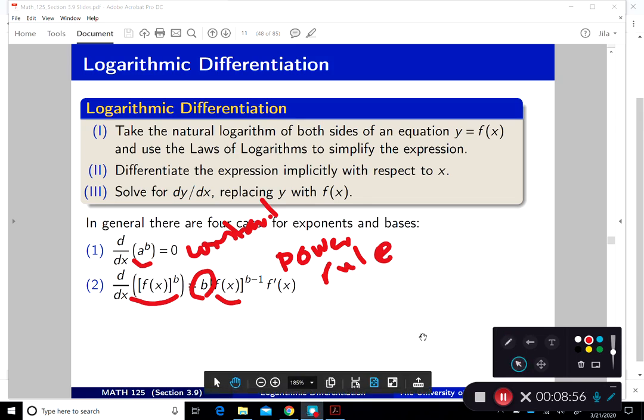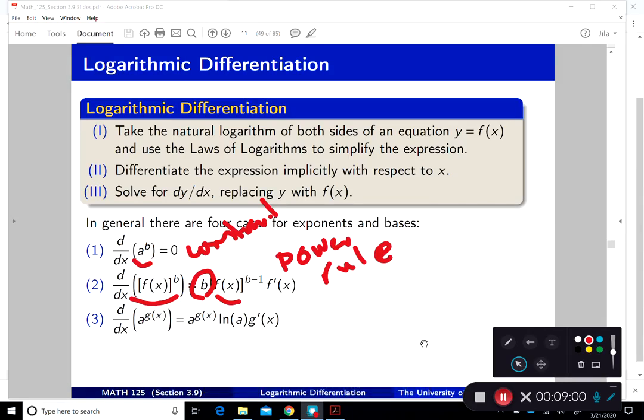Now, what else can happen? The other way around is when you have a constant to a non-constant function. And so what happens then? This is the exponential rule.